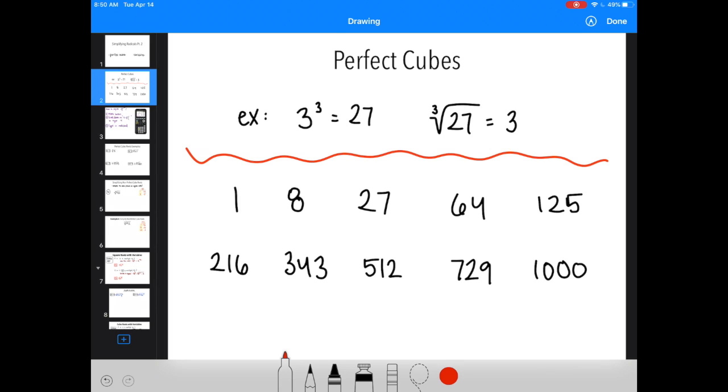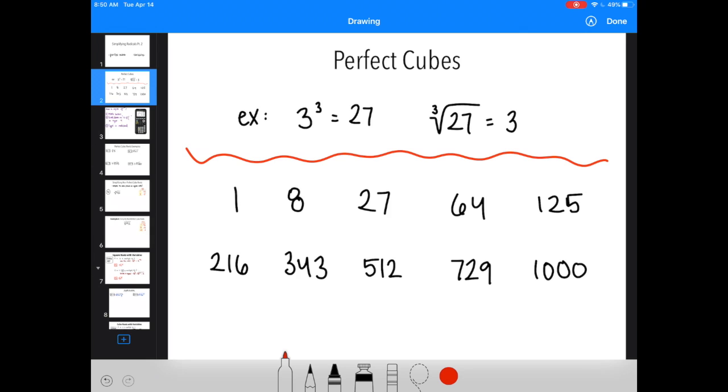And at the bottom, I have a list of perfect cube roots. Now, the previous list we had for square roots, you may not have had to write that down, because you could kind of work your way through the number line. I don't know if it's the same for everyone, but perfect cubes for me can be challenging to remember right off the bat.